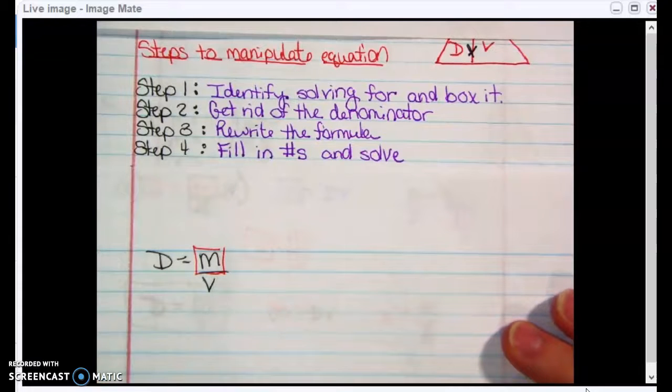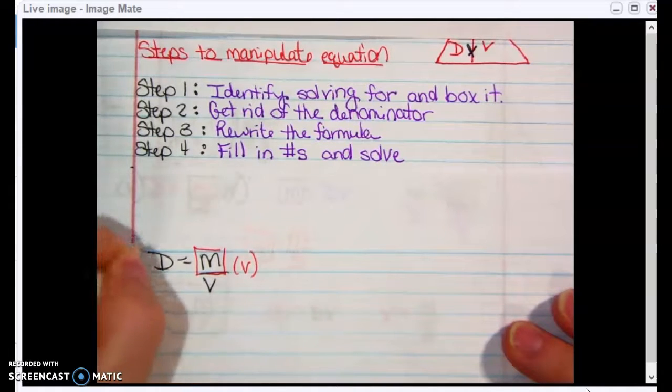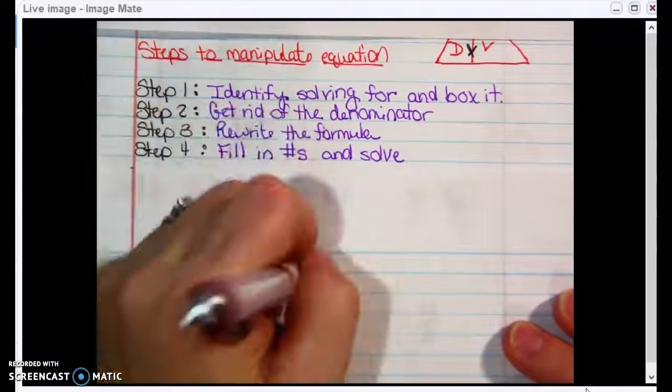Then you would get rid of the denominator. So the V is the denominator, which is the one on the bottom of the line in the equation, okay? So you're going to get rid of the V. Now to get rid of the denominator, you're going to have to do the inverse operation of divide, which is multiply. So we're going to multiply both sides by V. Okay, so then you cancel these two out, and now you have M by itself.